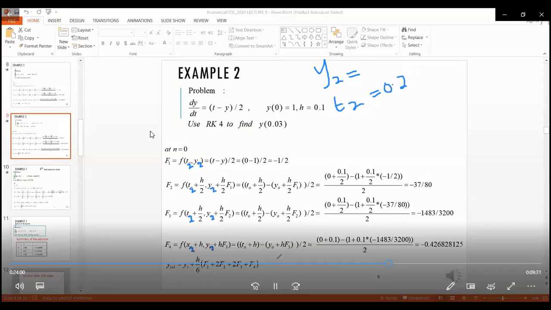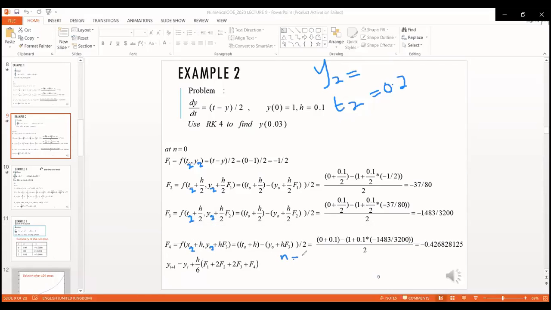That is at n equals 2, the third iteration. We have Y3 equals the Y2 you had previously, plus your step size, which is 0.1 over 6. Then you substitute the new values you've calculated using the point Y2 and T2.